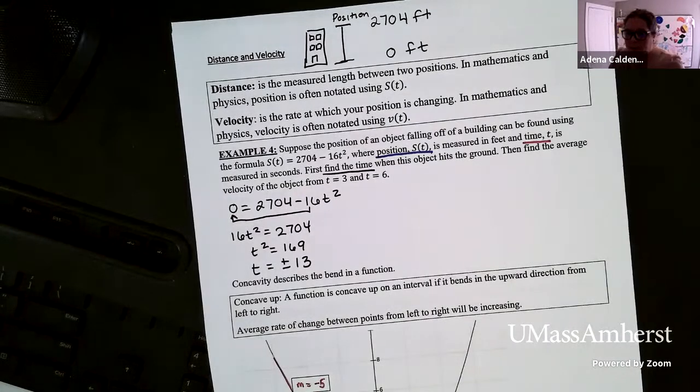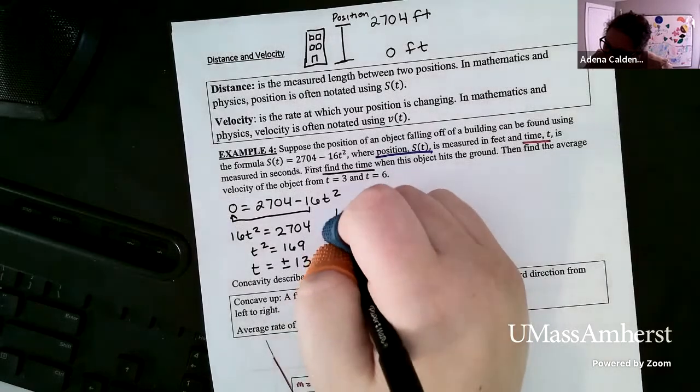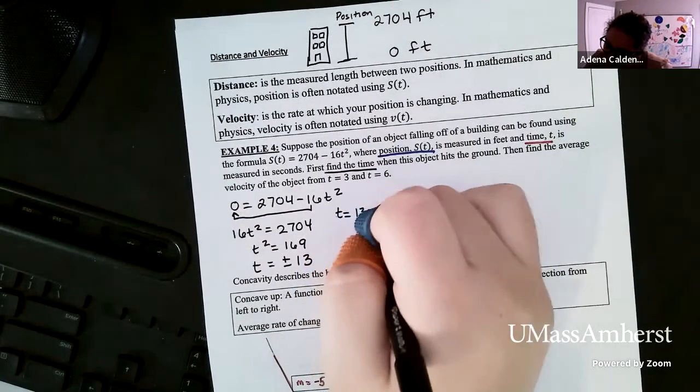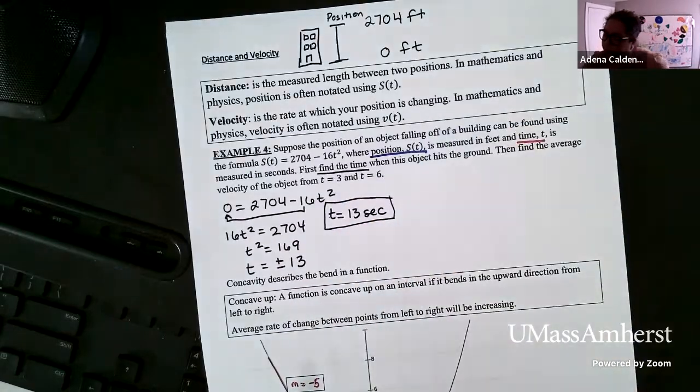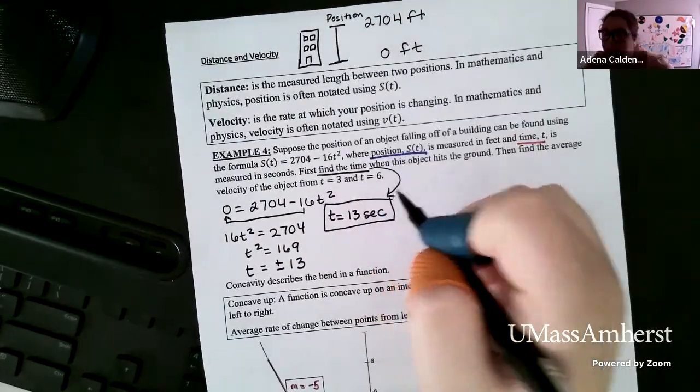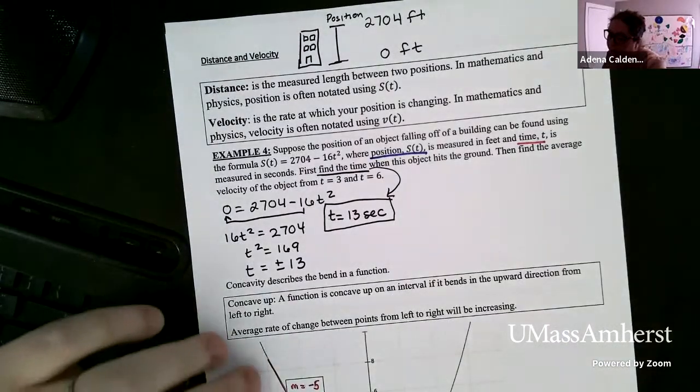Time could be 13 or time could be negative 13. We're talking about something that's happening in the physical world. So negative 13 seconds doesn't make sense. Typically, when we're talking about time, we don't have negative time, right? So that means t equals 13 seconds makes the most sense here. So the object is going to hit the ground after 13 seconds. Okay, so that's the first part.